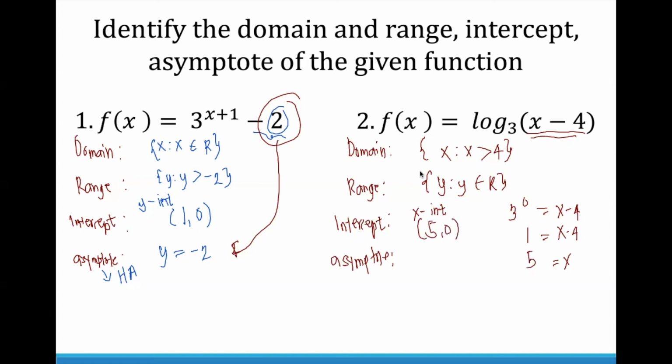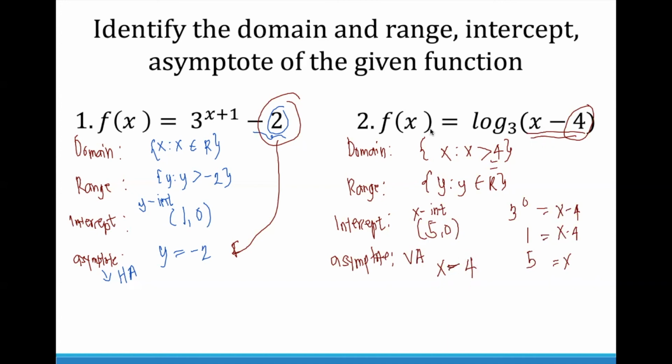So here our asymptote is a vertical asymptote. That is associated with this one. So x is equal to 4. As you can see here, the value that is being added or subtracted: if it is minus, it's positive 4. If it is plus, it's negative 4.